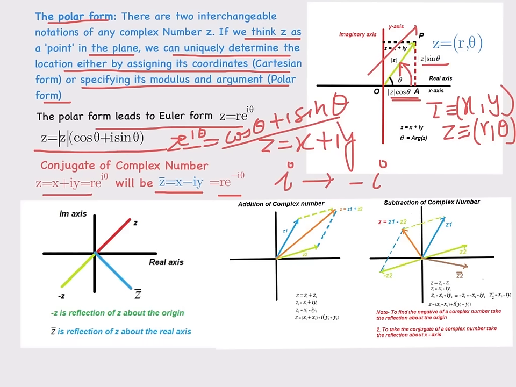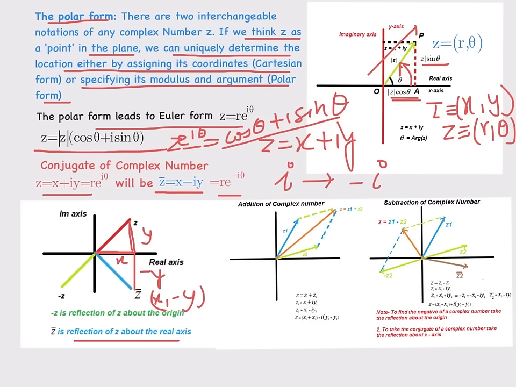So if z is equal to x plus iy is a complex number, we have to find the location of the conjugate of the complex number. If there is a z, with x and y components, that is displacement along the x-axis, that is x, and displacement along the y-axis, that is y. So z bar is x and minus y, since the displacement along the y-axis is minus y, so the coordinate is x, minus y, and the location of z bar is the reflection of z about the x-axis.